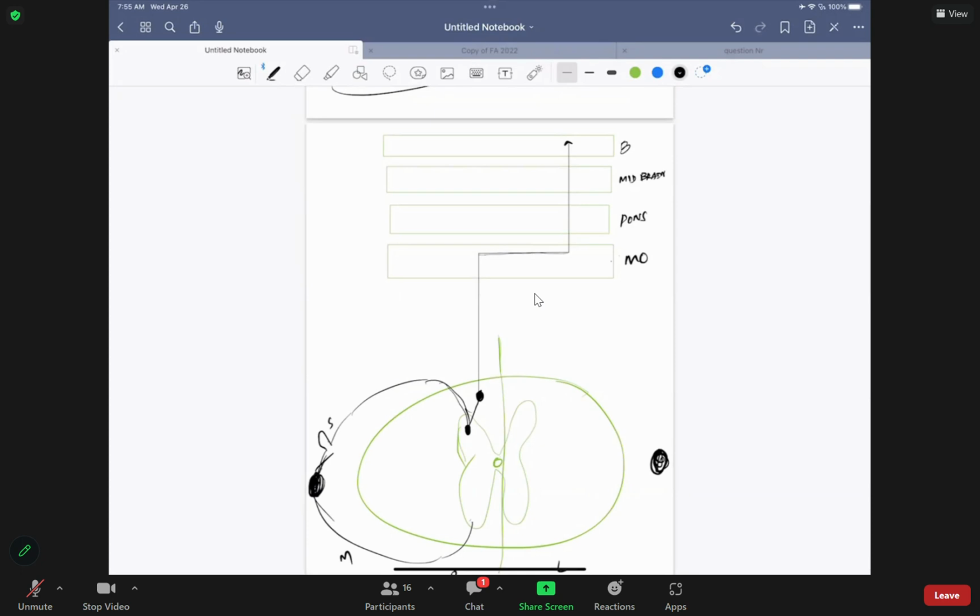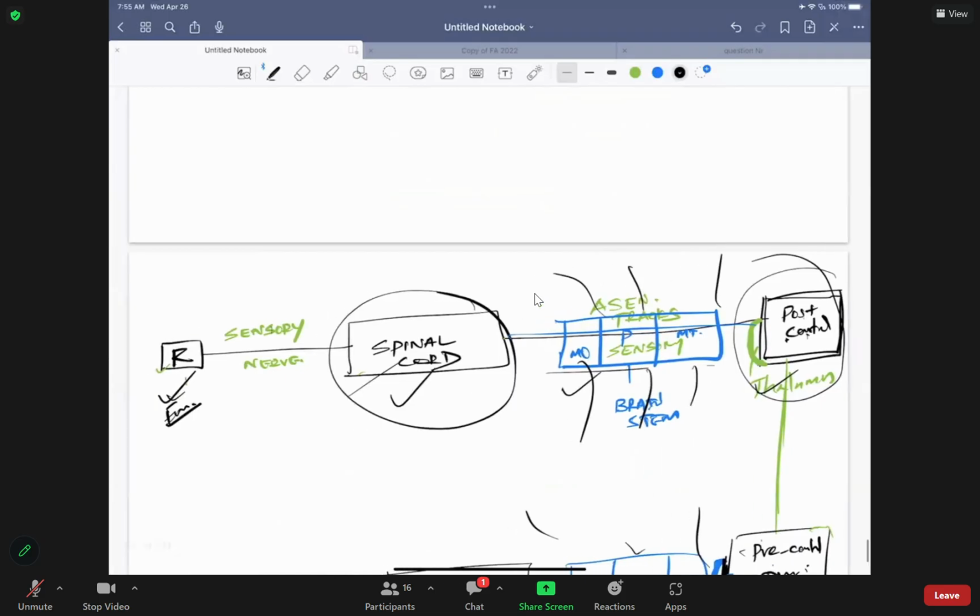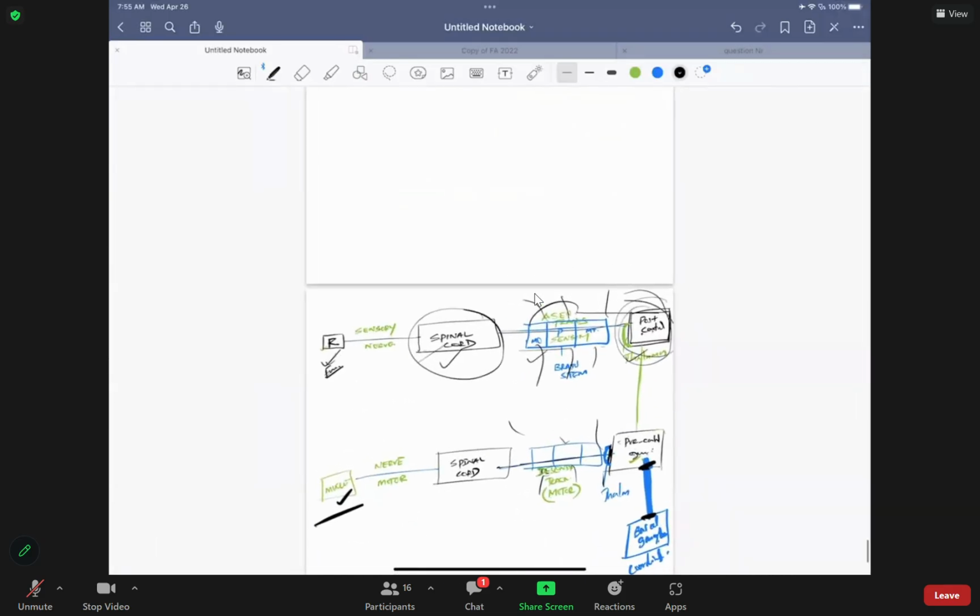Dr. Roy, the location where it goes in the brain, is it important as well, like ventral, posterior, lateral, the nucleus? It goes to the postcentral gyrus. Now, where it goes in the postcentral gyrus, we'll worry about that later. But all the sensory tracts reach the postcentral gyrus.